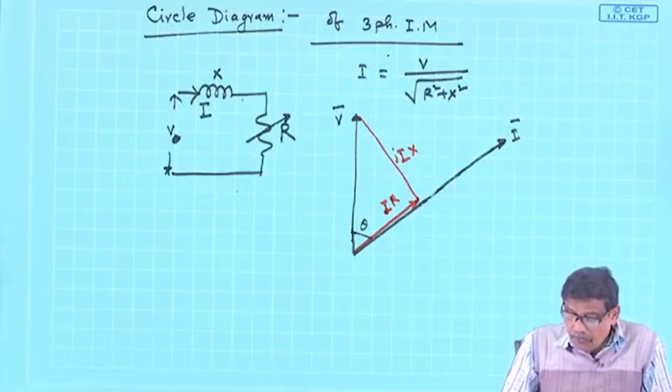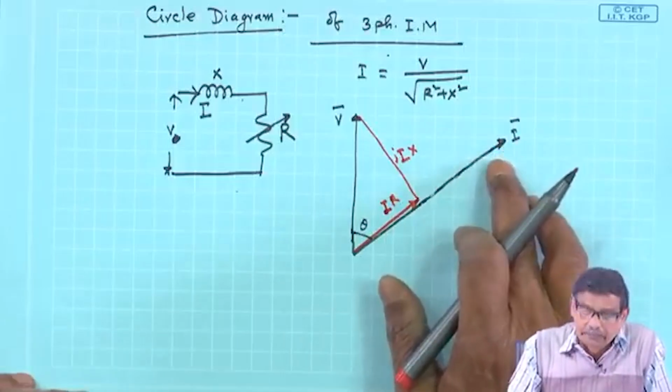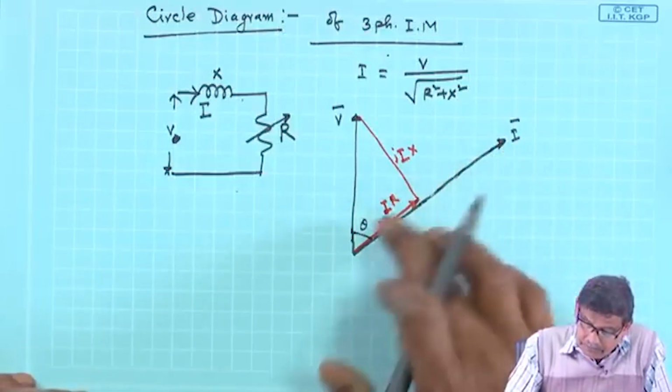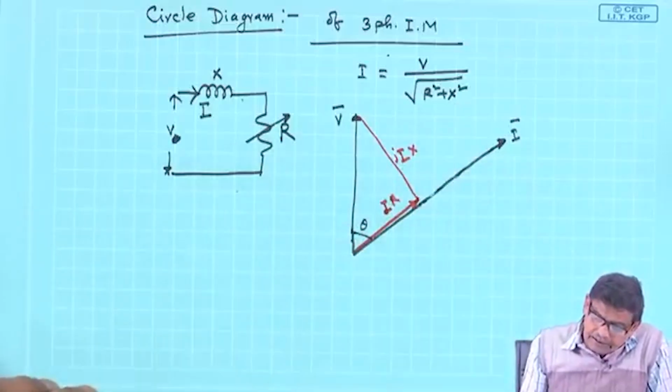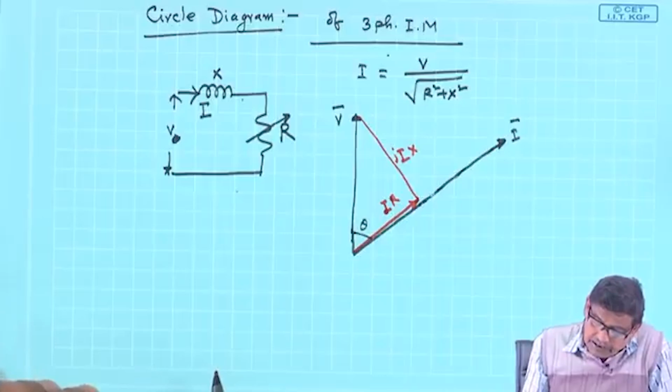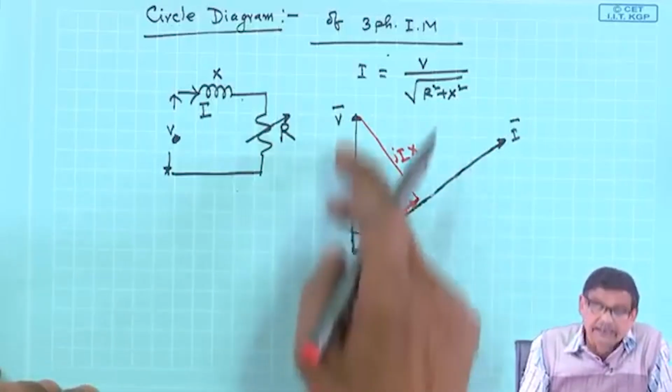Now, what you do in this one: you see there is a current phasor, but I have not made it an integral part of this diagram. In this phasor diagram, these are all vectors or phasors.